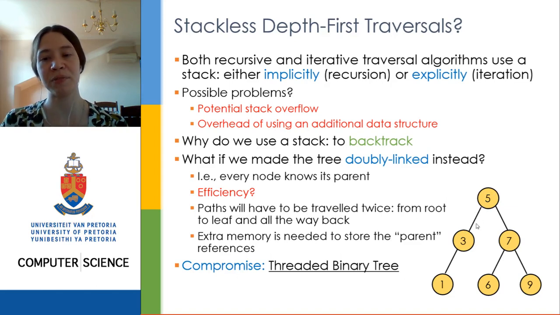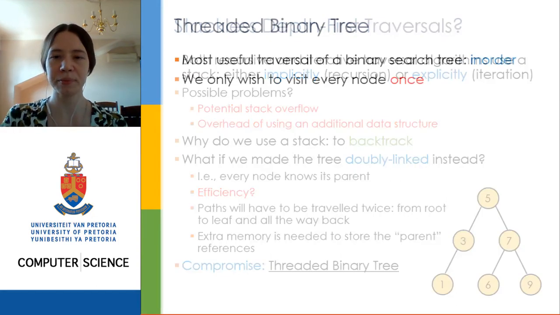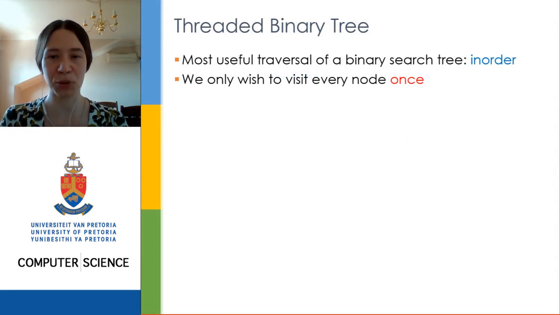However, if you have already visited the entire left branch, then clearly climbing all the way back up the stairs step by step is a little bit inefficient. So it would be much nicer if we could go all the way down to 1, and then once 1 has been printed, and its parent has been printed, we want to be able to go straight back to 5 instead of doing this step by step. But anyway, you'll see what I mean very soon.